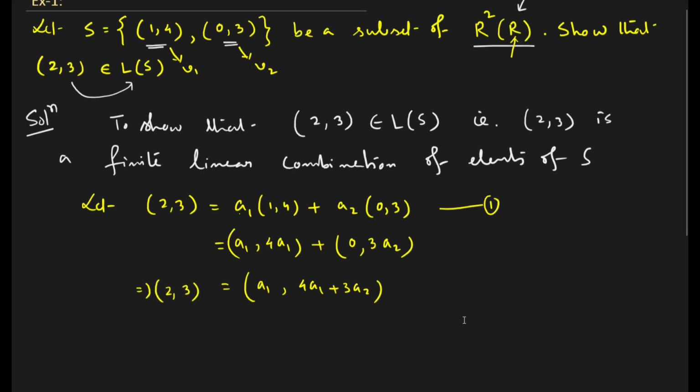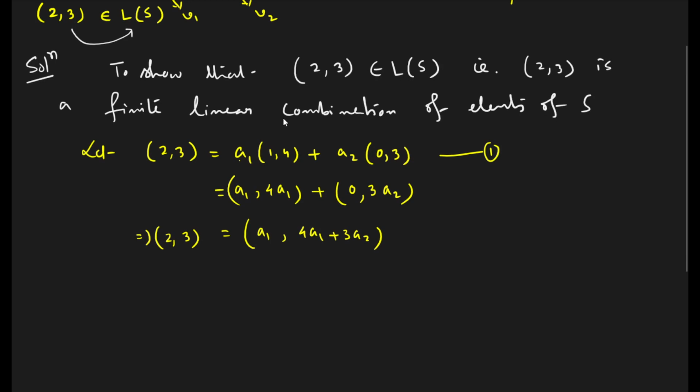Okay, so what to show, we have to show that (2,3) is a linear combination of (1,4) and (0,3). So when you make the linear combination, we have two unknowns, a1 and a2. So the prime motive is we have to find the value of a1 and a2. And when you find the value of a1 and a2, if a1 and a2 belong to R, meaning real numbers, that means equation 1 is correct. That means we can express. Now if you compare both sides, the first element is 2, here the first element is a1.